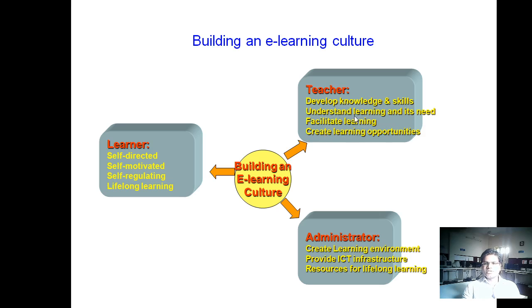These are the duties of the teacher. Whereas what does the learner have to do and how are they? They are self-directed, self-motivated, self-regulating and lifelong learners. When the learner has all these things, then there is a chance of lifelong learning.